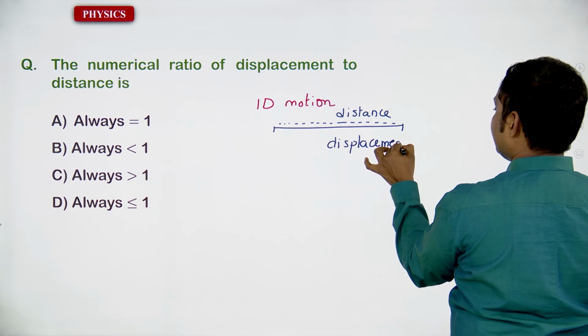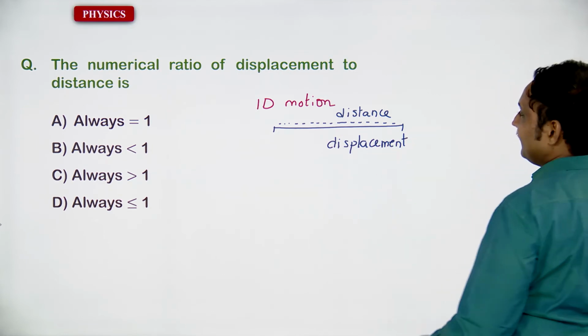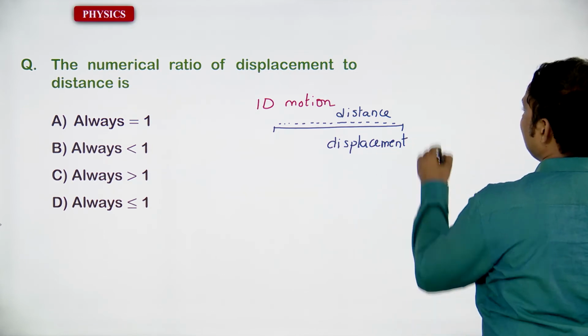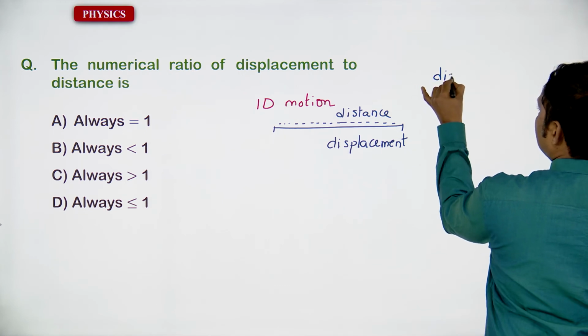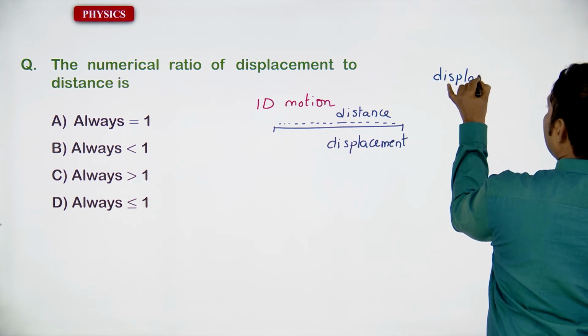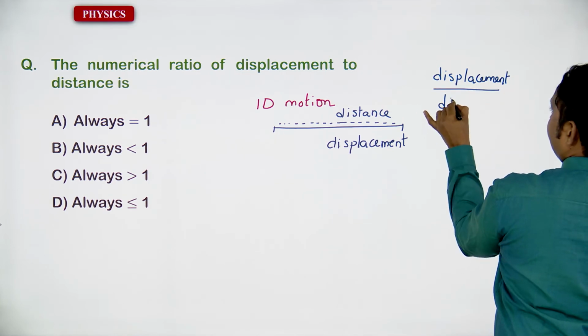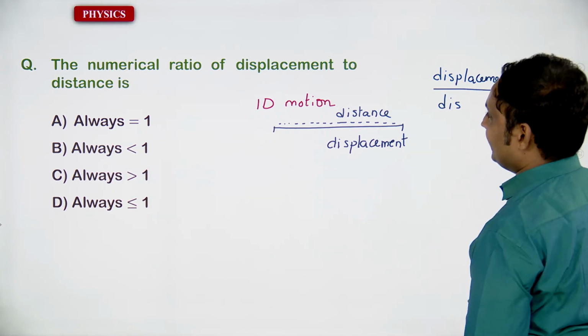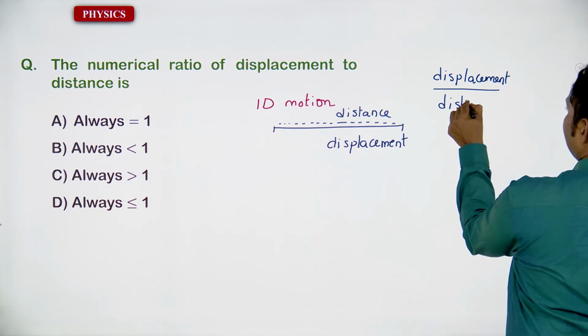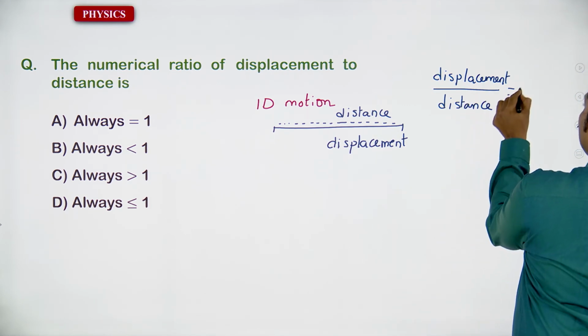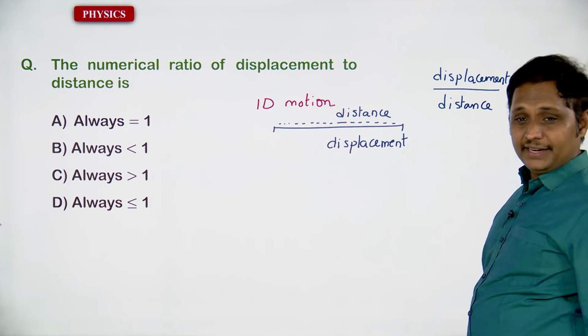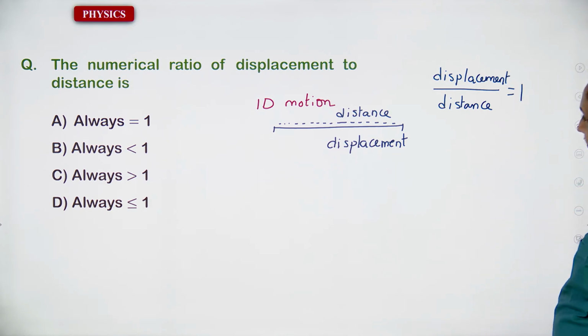What we have discussed. So, you will take that displacement by distance. They have given displacement by distance. It's very clear. You would like to get one. We would like to go for this one, 1D motion.